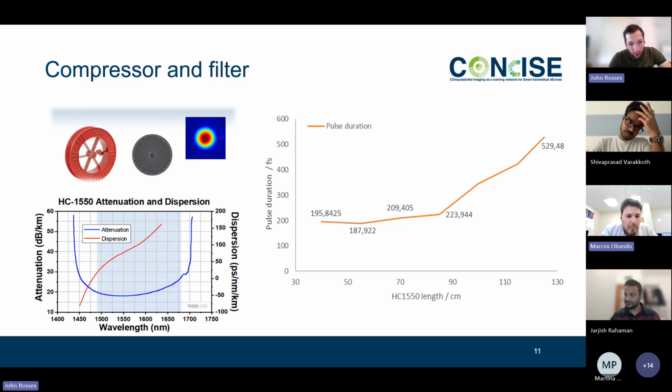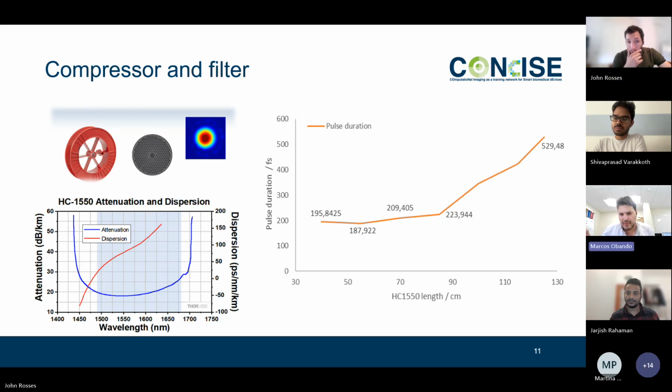So in the right image, I made a study of different lengths of the fiber. And at the point very close to 50 centimeters, which is the shortest, it's around 187, very close to the experimental value we have.